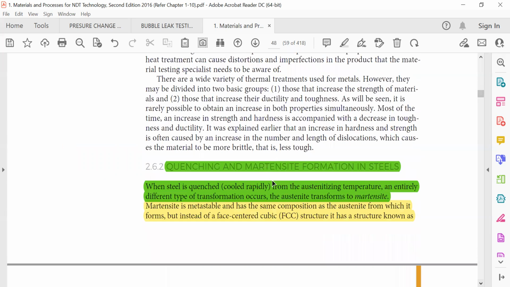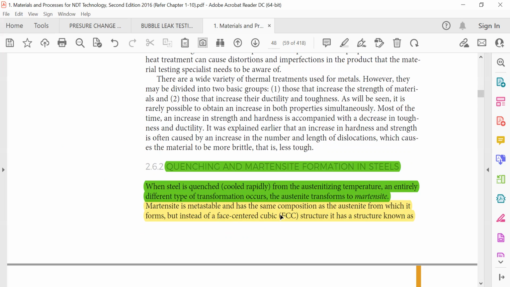Different heat treatments: quenching and martensitic formation in steel. When steel is quenched, cooled rapidly from the austenitizing temperature, an entirely different type of transformation occurs. The austenite transforms to martensite. Martensite is metastable and has the same composition as the austenite from which it forms.